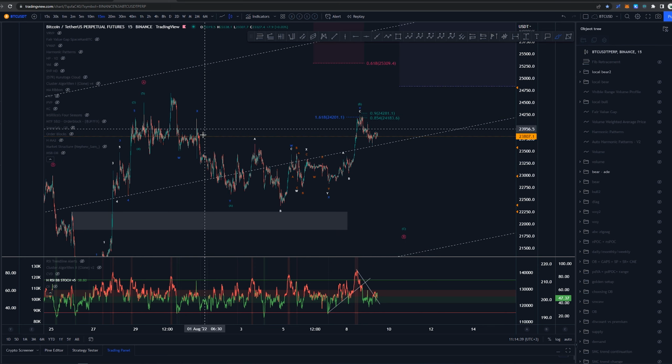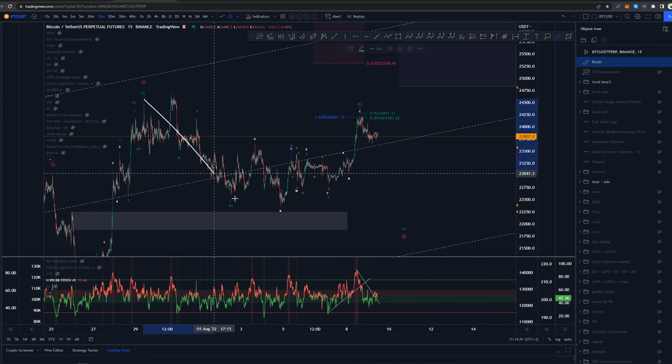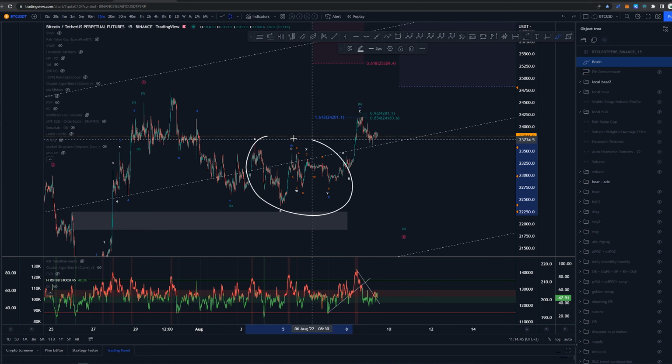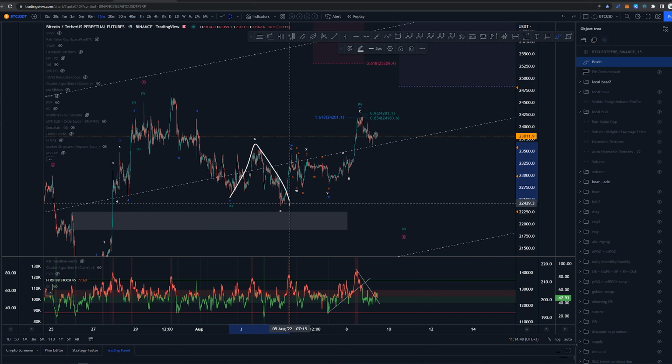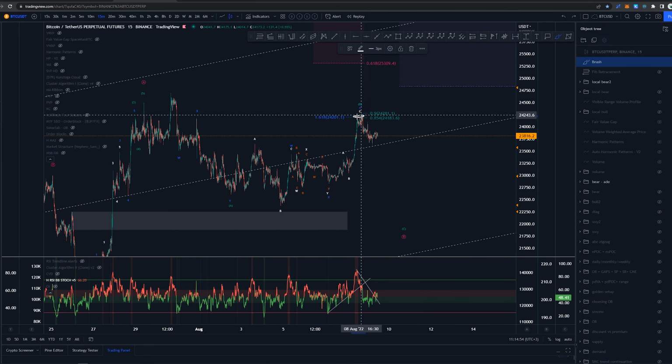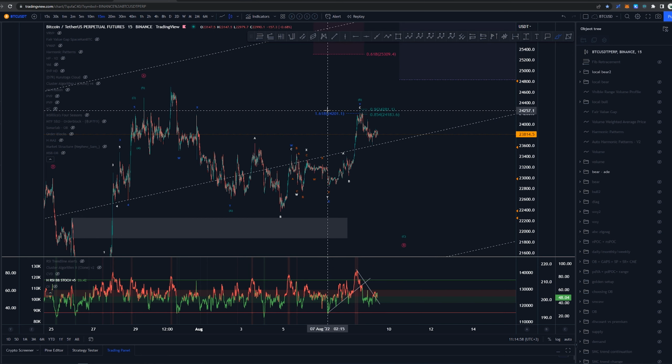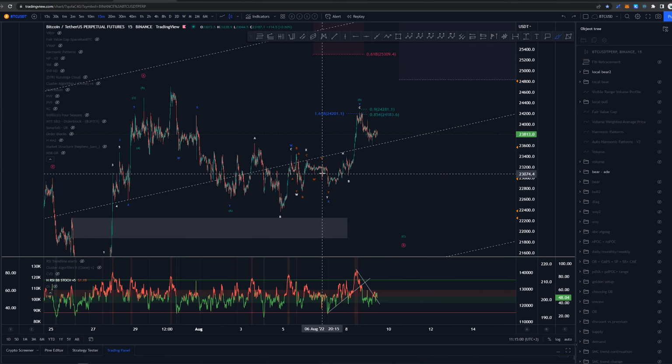I'll show you another scenario in which we still have the same overall structure, with A, B, C here, but instead of the subwaves being something like this, we would have it like this. Not sure if this is any better. We are right around that 1.618 again, but this 1.618 is higher.